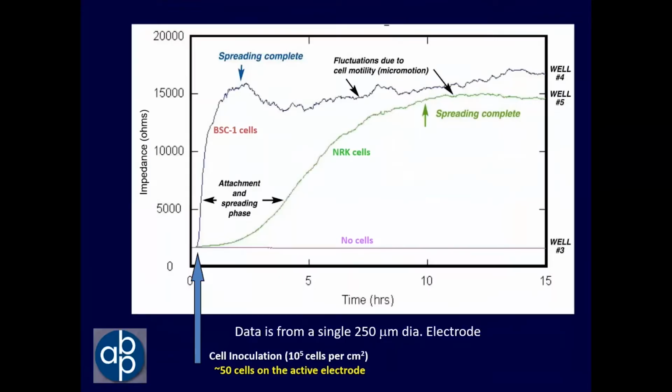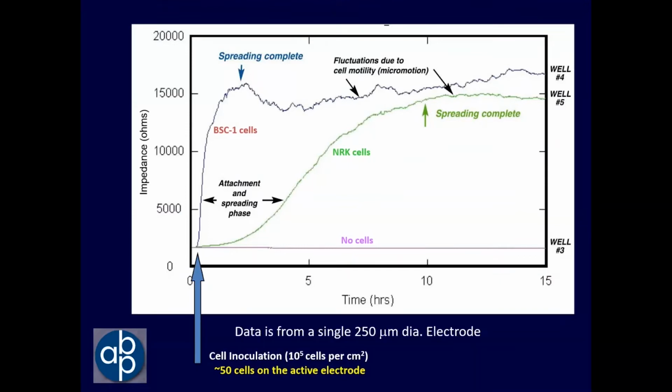If we apply this current at 4,000 hertz and inoculate one of these small electrodes with 2 different types of cells, seen here, African green monkey kidney cells, BSC1 cells, or normal rat kidney cells, as the cells attach and spread, we see the impedance going through a striking increase from about 2,000 ohms of the open electrode up to maybe as high as 15,000 ohms.